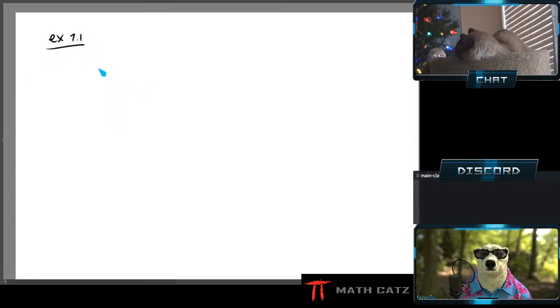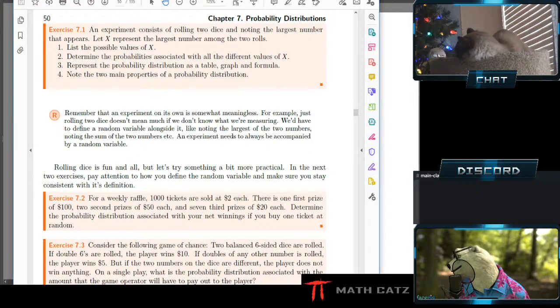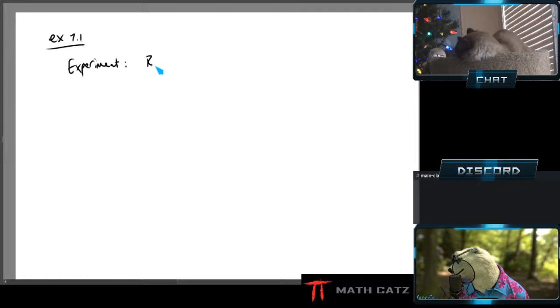7.1, we said. Okay, so we have an experiment, and it's now going to be important to be very aware of the action that we're doing to create results. And then there are probabilities associated with what could happen, of course, right? So in this case, we are rolling two dice.